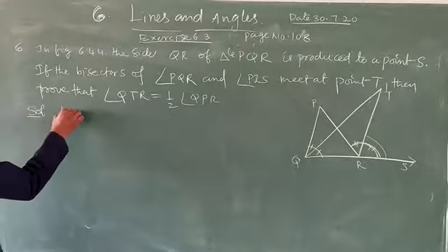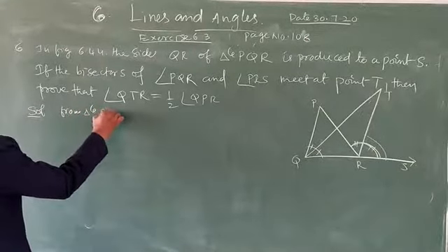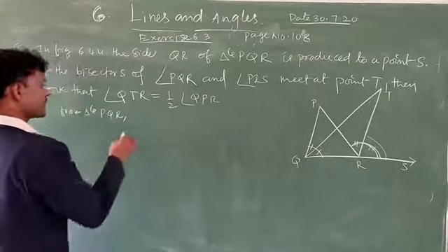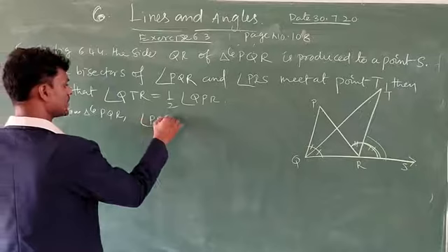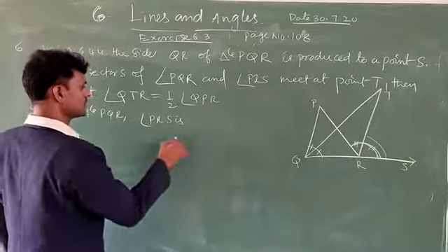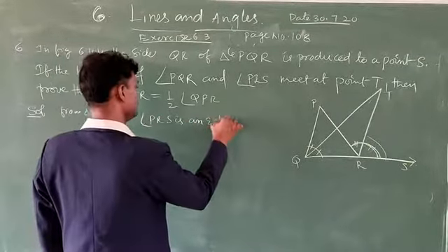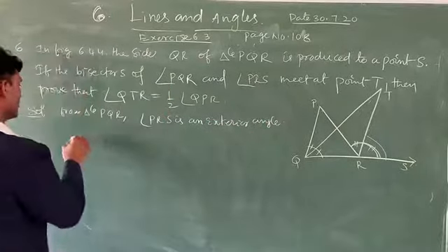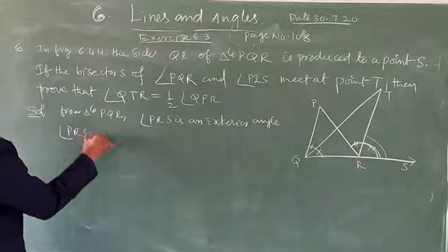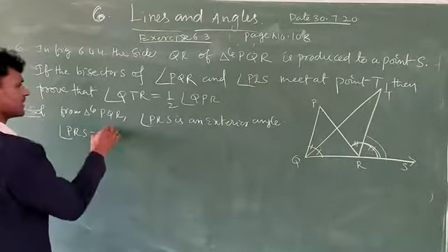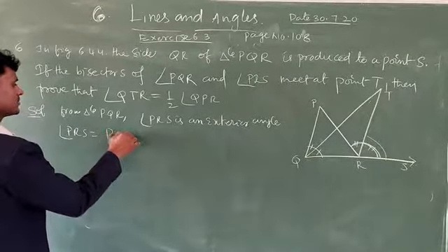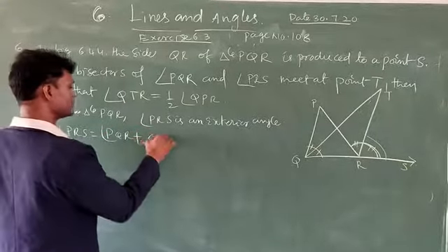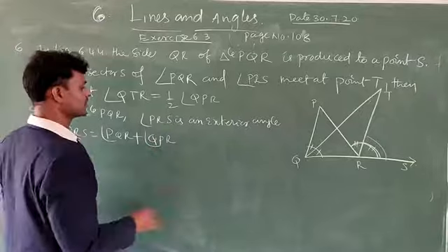See here, from triangle PQR, angle PRS is an exterior angle. Angle PRS is equal to the sum of these two angles, angle PQR plus angle QPR.